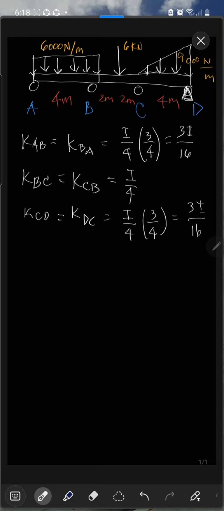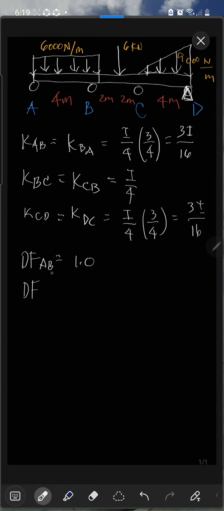So let's move to the distribution factor. So DF A, as long as its end is a simple support it is 1.0, if fixed it is 0. So DF AB.